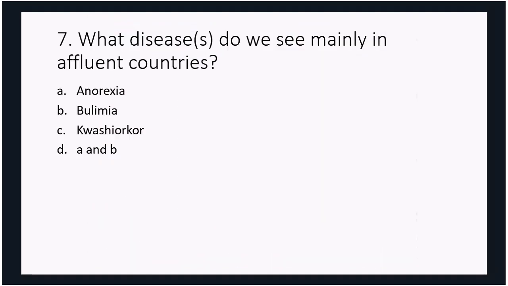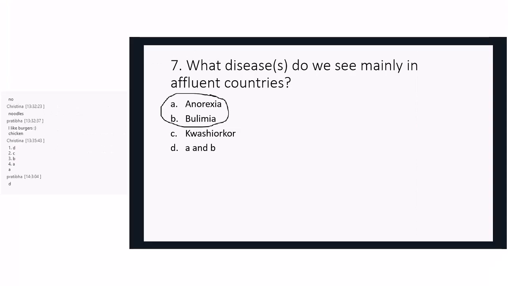Now in affluent countries, like Canada, the United States, and the UK, there are still nutritional disorders that happen here, but most commonly you're going to see anorexia and bulimia. You generally don't see a protein deficiency in these countries. It's more eating disorders.